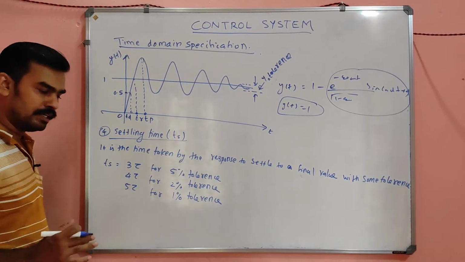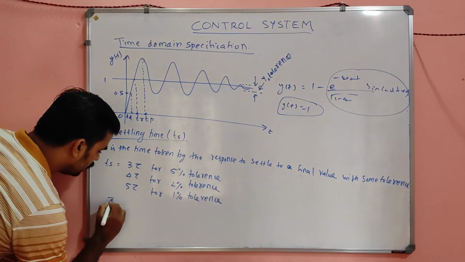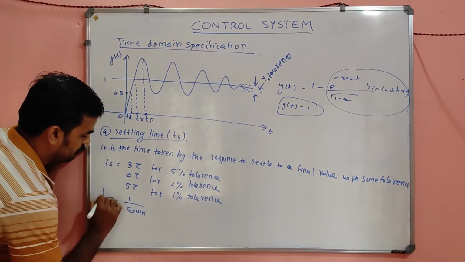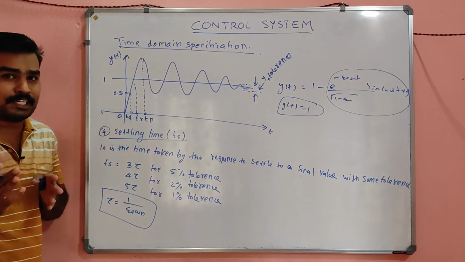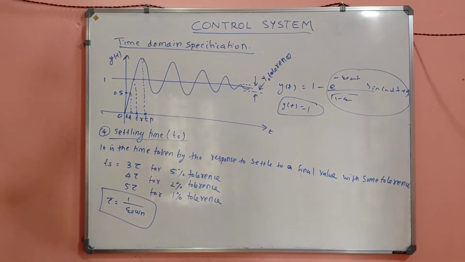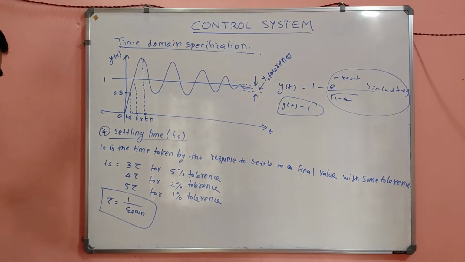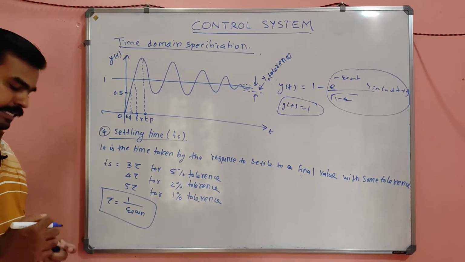This is a very important relation, my dear. And tau will be 1 by zeta omega n. Tau will be simply RC in an RC circuit, but in the case of an RLC circuit it is not RC, it will contain some other function. So remember that tau is equal to 1 by zeta omega n. That is the equation for settling time.